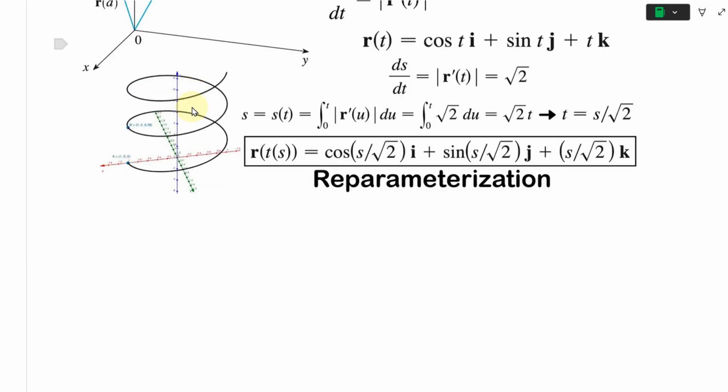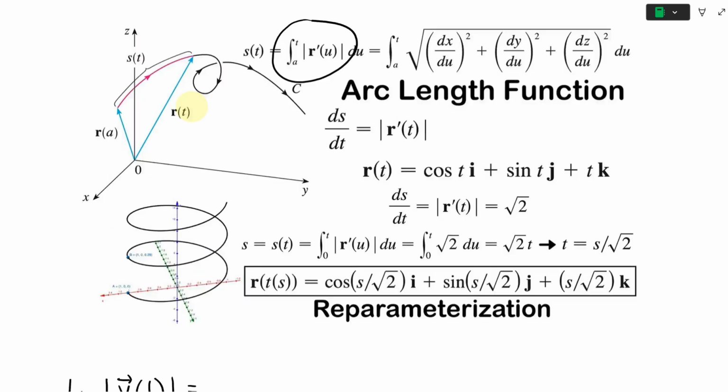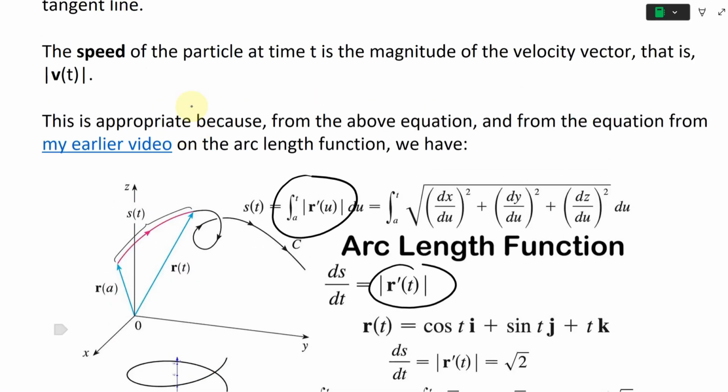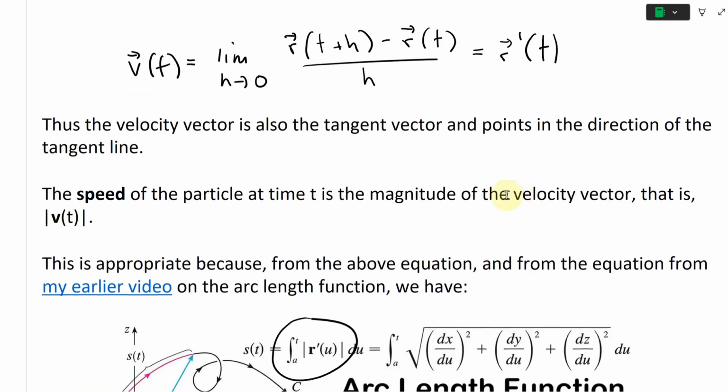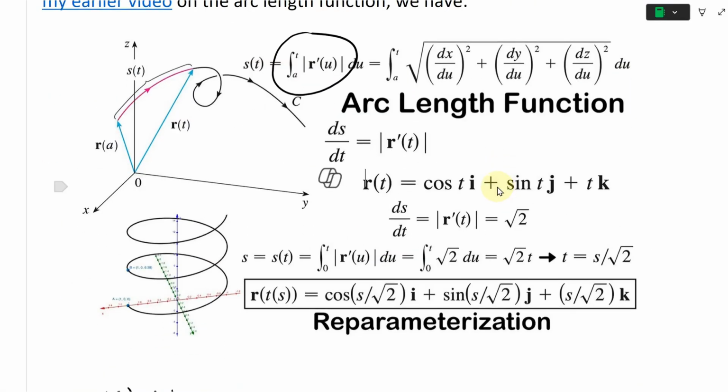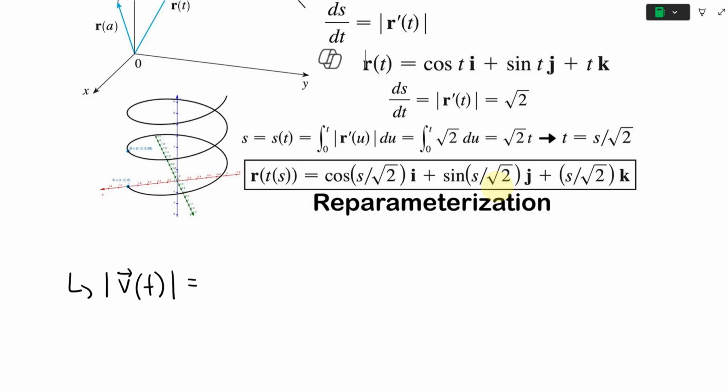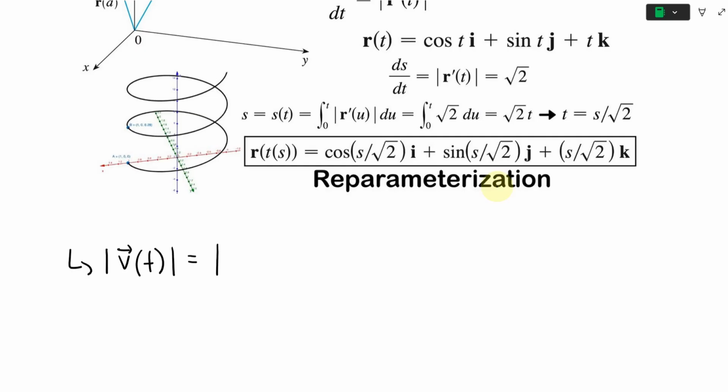So in our case, the speed is the absolute value, or magnitude, or length of the velocity vector v of t. That's just going to equal this part here, because we know the velocity vector just equals the derivative of the position, the tangent vector. So this equals the absolute value of r prime of t.